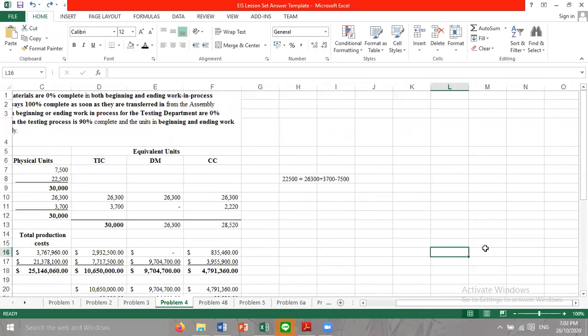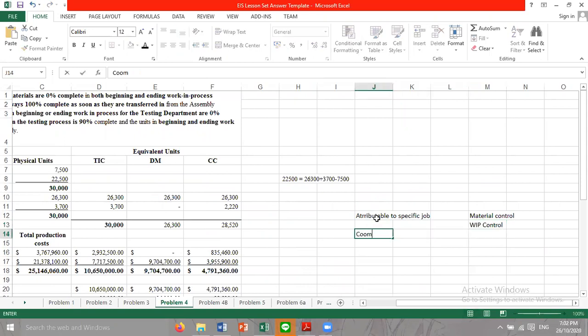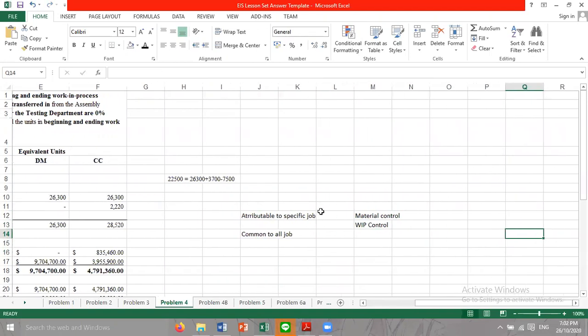Maybe to illustrate, I'll type it here. Well, for a specific job, here we'll make a journal entry of materials control and then WIP control. Now if it's common to all jobs, we'll debit materials control.